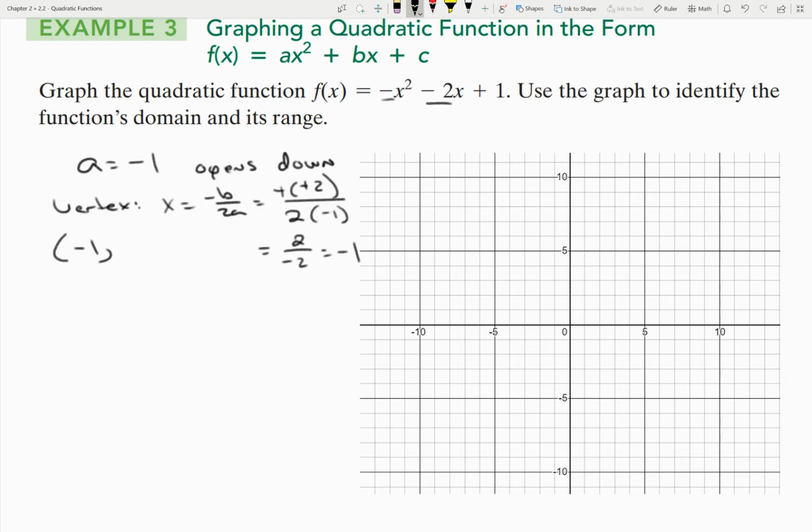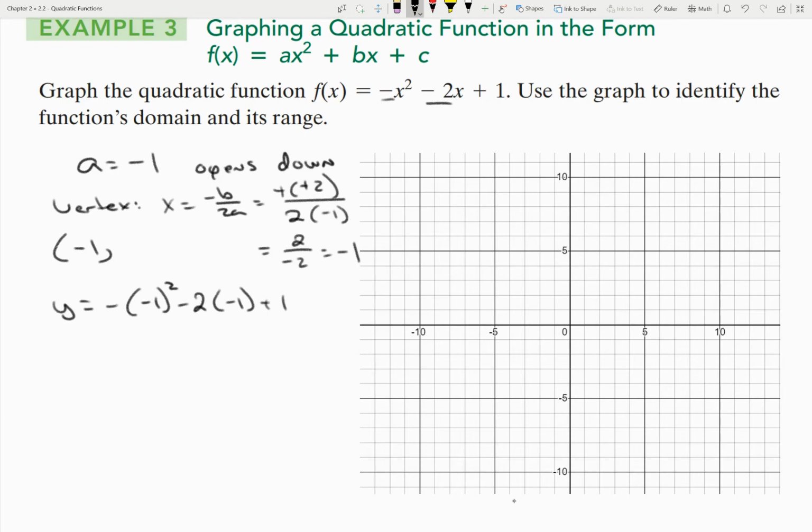I now need to get my y-coordinate. So the y-coordinate of the vertex, I'm going to plug in negative 1 into my function. And that's how you get any y-coordinate if you know the x-coordinate, right? Just plug x in, right? Use substitution. Exponents come before multiplication.